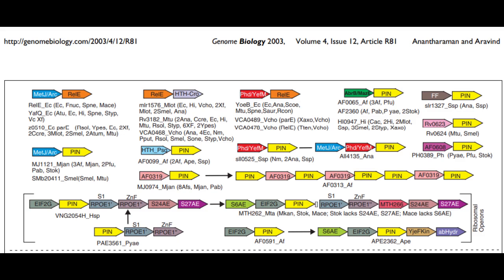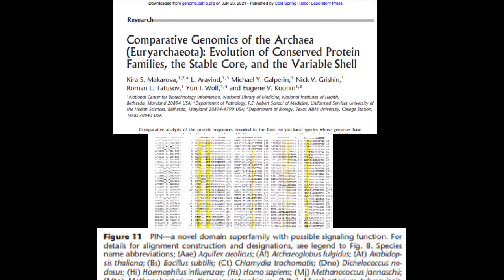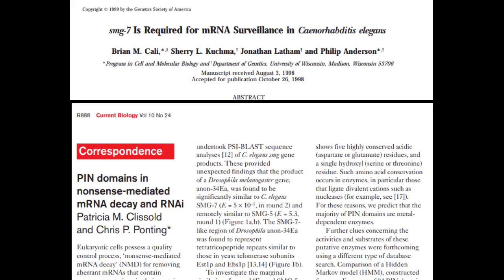RNAs essentially. And we had earlier noticed this PIN domain in eukaryotic systems, such as the nonsense-mediated decay system, which is involved in degrading RNAs containing nonsense codons. So here suddenly we had an evolutionary connection between two seemingly disparate systems.